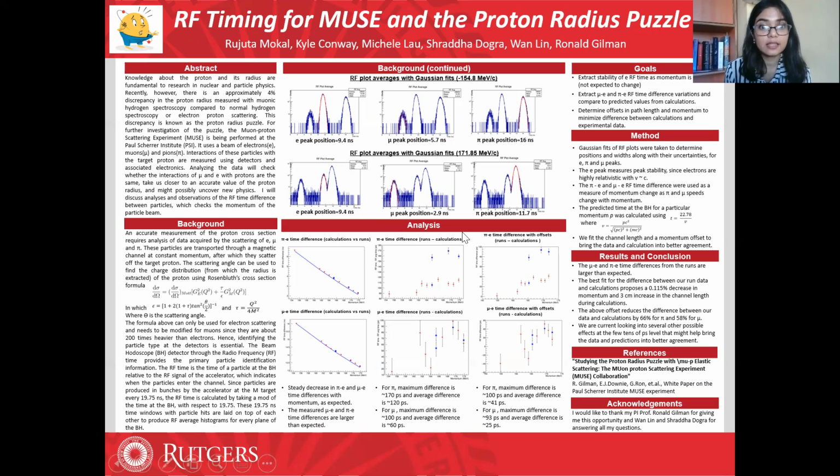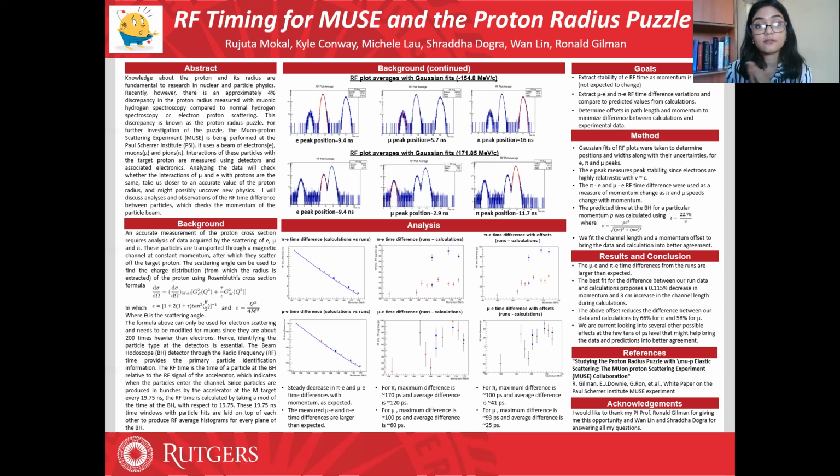You can look at the plots in my analysis section for this. These plots are RF time on the y-axis and the momentum on the x-axis. In the first column, the blue line represents our calculations or our estimated values, and the data points represent the actual data from our runs. From this, you can see that the blue line is located slightly lower than the data points.